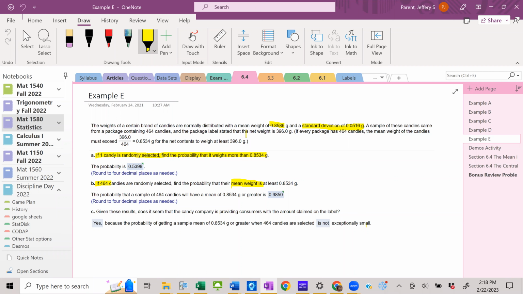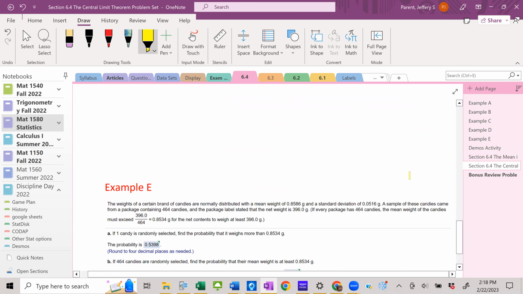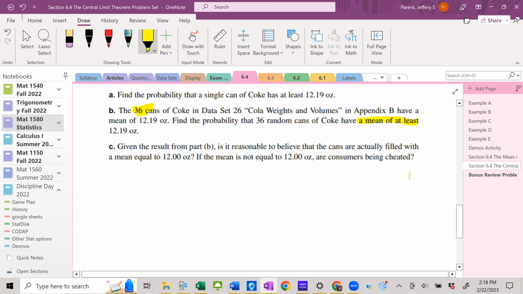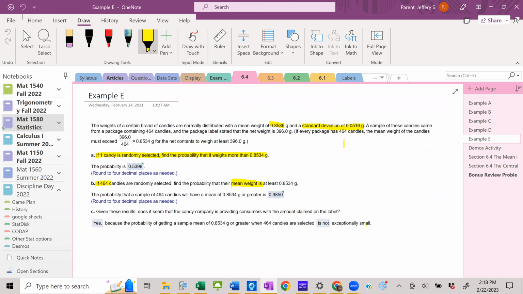I guess this, oh, I thought I had example E. This one must be mislabeled here. Let me go back. Oh, I guess the previous one I did was example D. So I mislabeled that one. This one is example E.